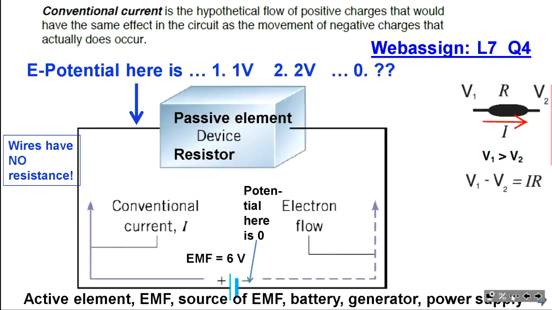This very circuit: the battery, the bulb, and the EMF of this battery is given as 6 volts. So the question is, what is the value of electric potential right here where the bulb begins? You have to pick your answer and enter it.